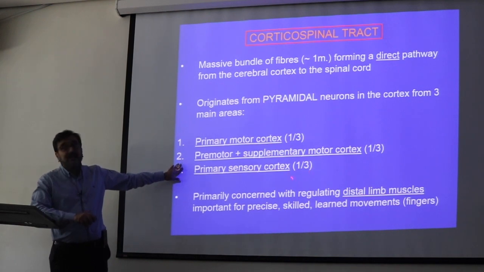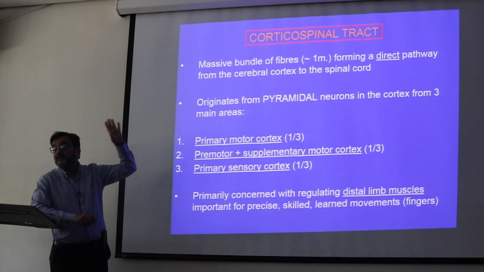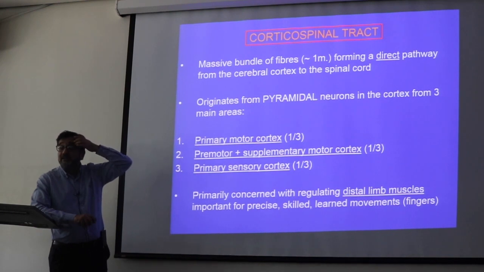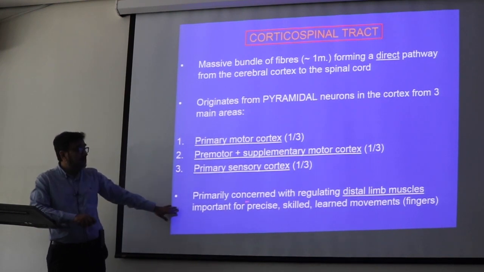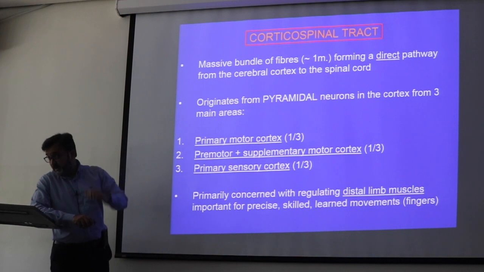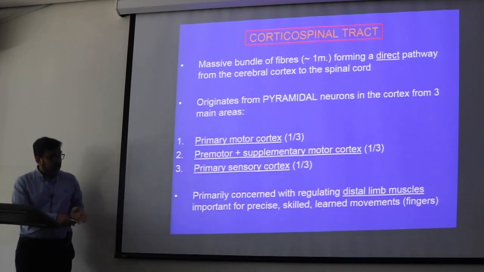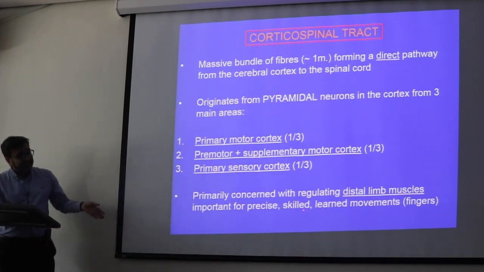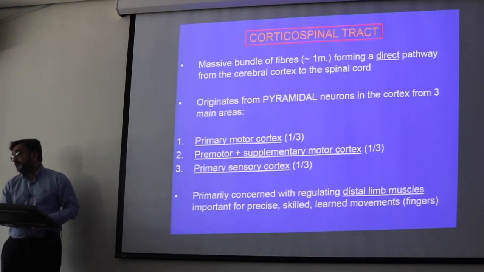So these are the three areas through which there is origin of the corticospinal tract. Primarily concerned, as I said, with the distal muscles of your limbs, mainly fine movements in your hand. So important for precise, skilled, learned movements.